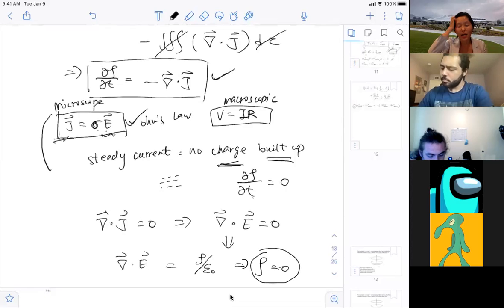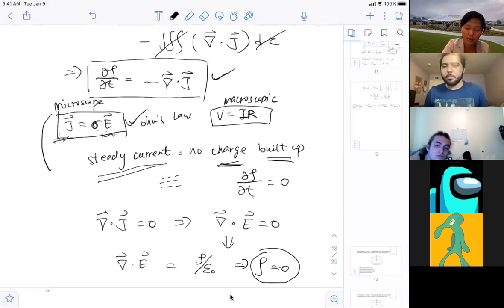Even if you do have positive charges here and electrons here, if you're looking at the overall density, it's very homogeneous. It's not like you have more positive charges than negative charges. They are equal. So you still have a 0 overall charge density inside a steady current, a steady flow.